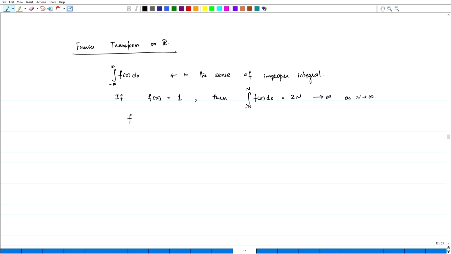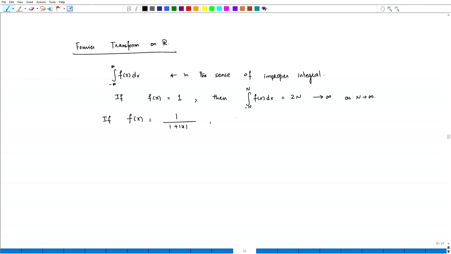Even if we give some amount of decay, because this is a flat function. Now, if we want to give a decay, let us take f of x equal to 1 by 1 plus mod x.